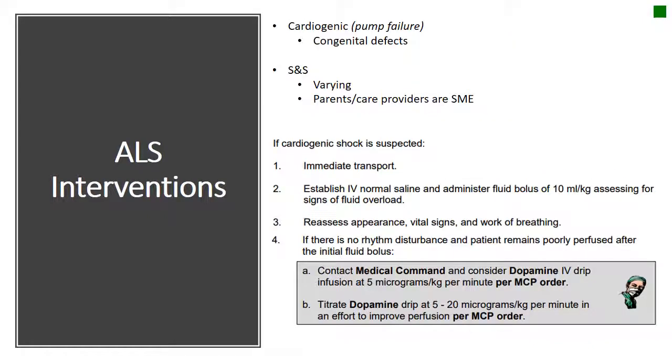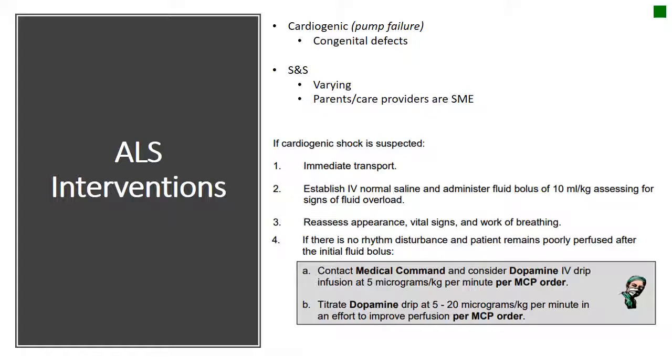Now, in terms of cardiogenic shock, that's going to be the least likely type of shock you're going to see in the field, and those are going to be generally related to congenital heart defects. There's a known history of heart disease in these kids. Their signs and symptoms could vary from heart blocks to just those classic signs and symptoms of shock.